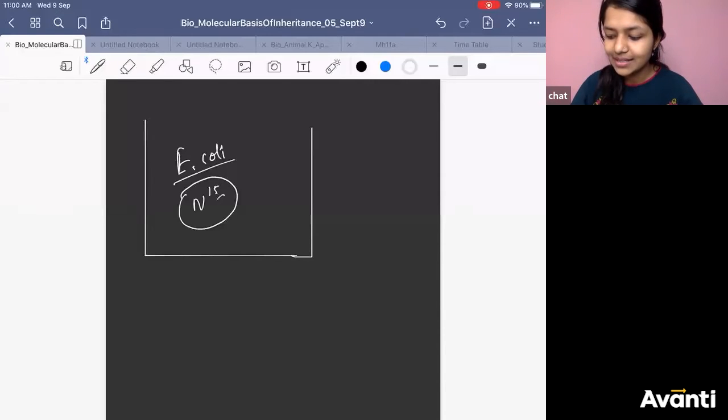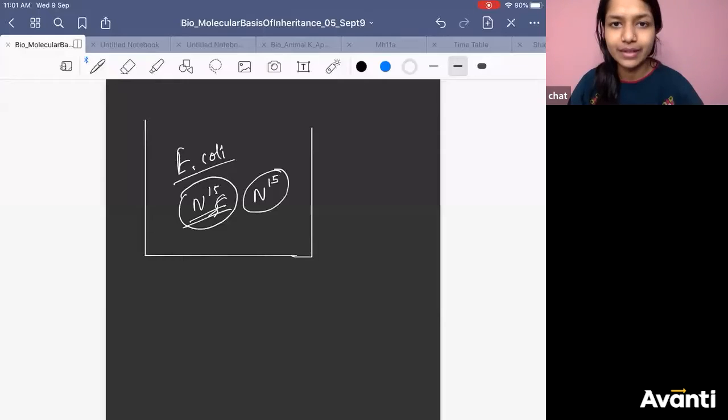So the nitrogen of the E. coli now had mass number 15, right? Got it? So every nitrogen in E. coli will have mass number 15.